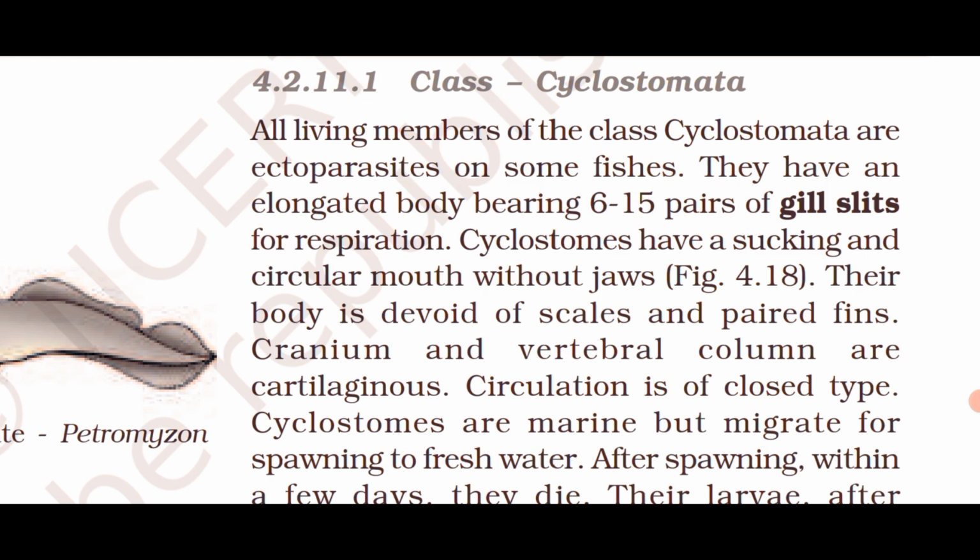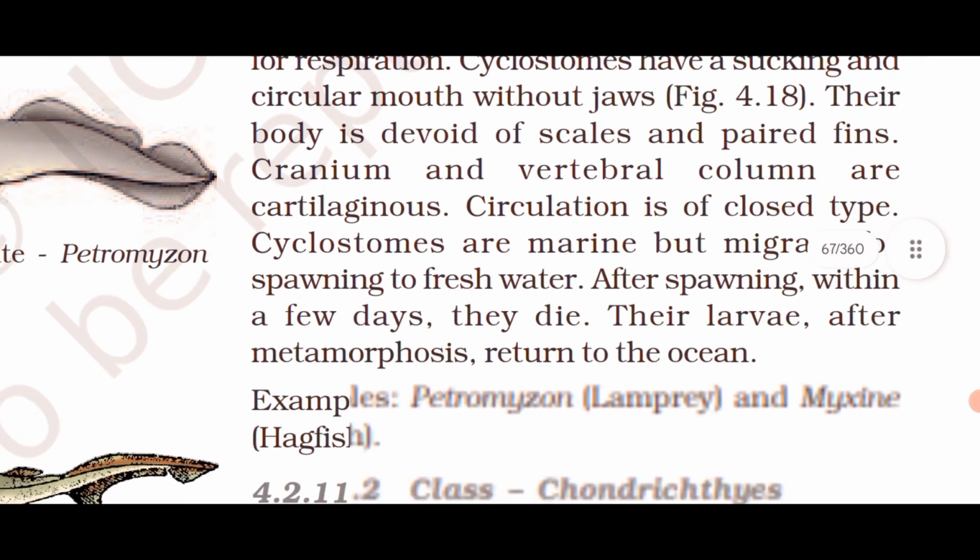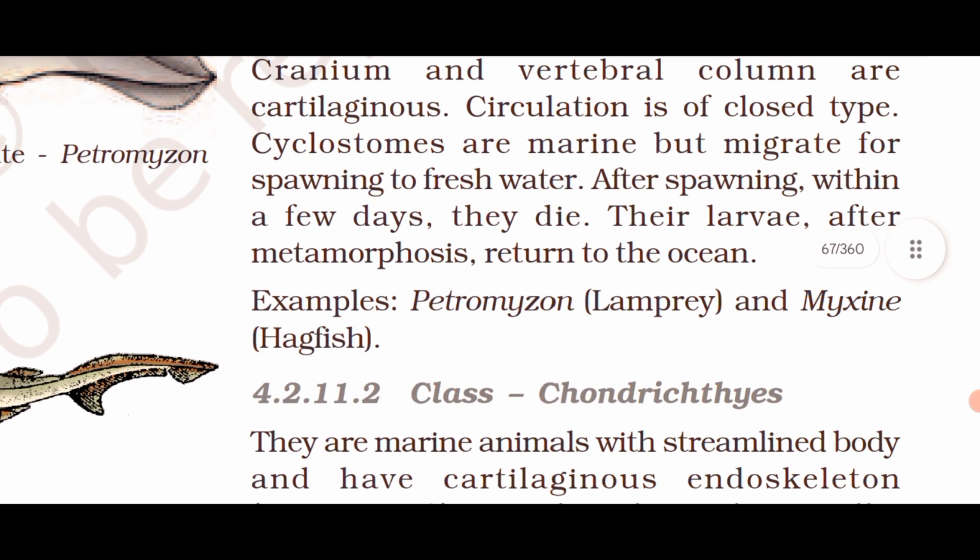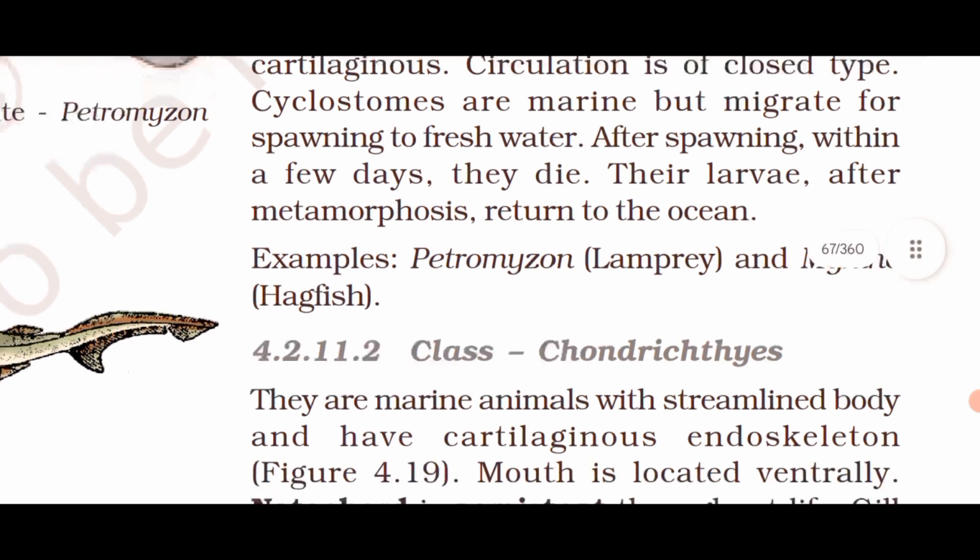Cranium and vertebral column are cartilaginous. Circulation is of closed type. Cyclostomes are marine but migrate for spawning to fresh water. After spawning, within a few days they die. Their larvae, after metamorphosis, return to the oceans. Examples: Petromyzon, known as lamprey, and Myxine, known as hagfish.